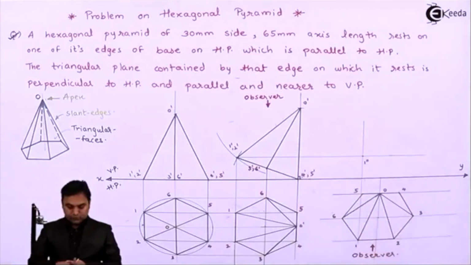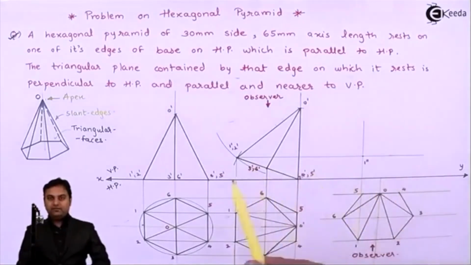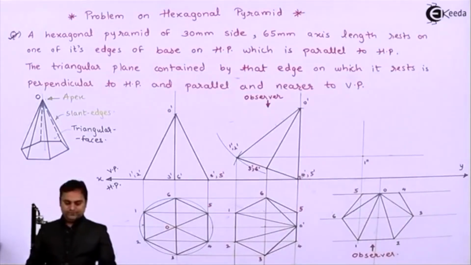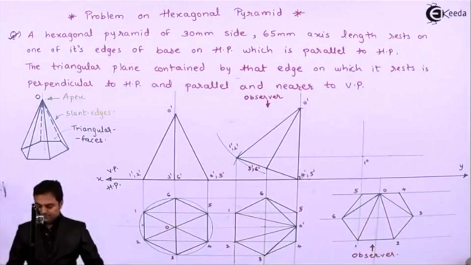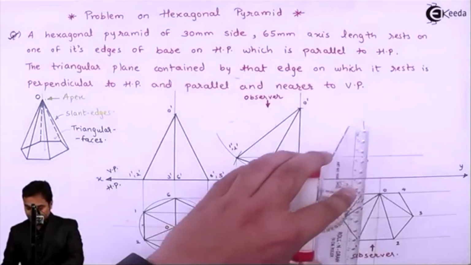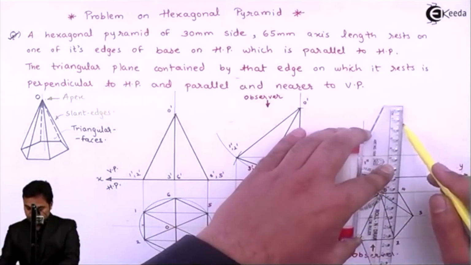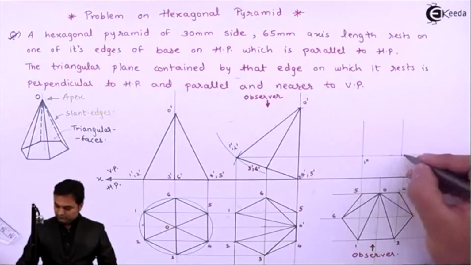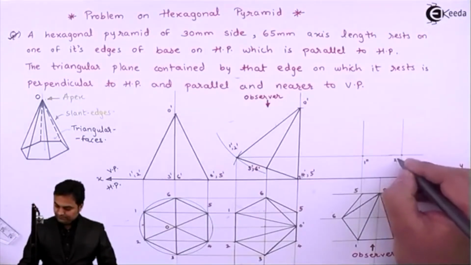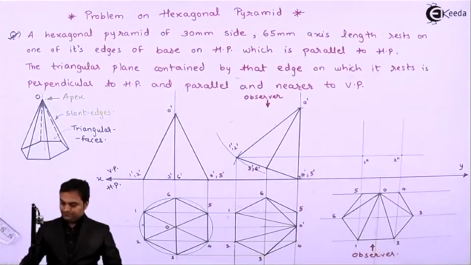Next for point 2, since it is on the same level as 1 dash, so on this line there will be point 2. So now after this I'll project point 2. So here there is 2 double dash.